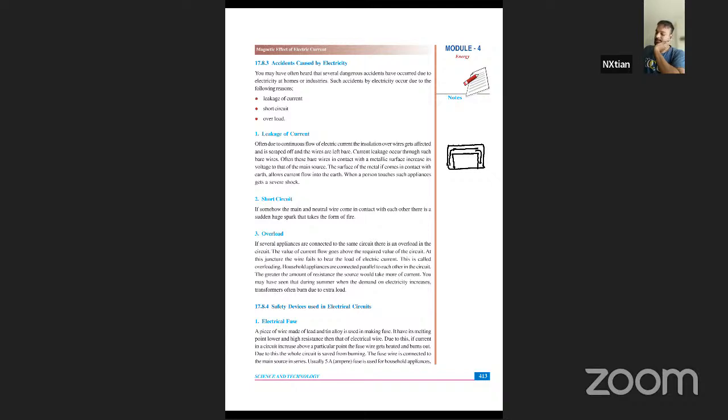The bread toaster is attached to this plug. This is the plug, for example. So there are two types of wire coming: this is the neutral wire and this is the phase wire.